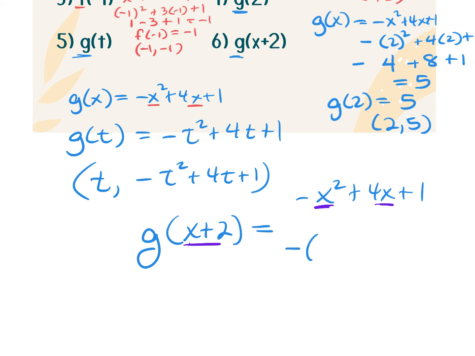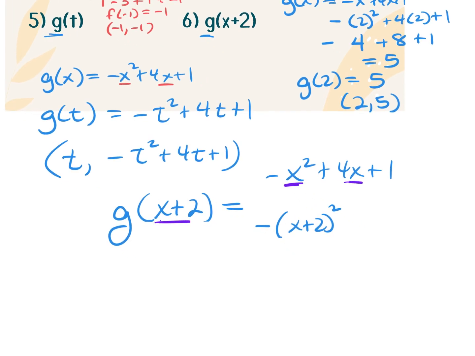So negative, and then x plus 2 squared plus 4 times x plus 2 plus 1. I need to FOIL this guy. And then I've got to distribute the negative sign. You have to follow PEMDAS. Do not distribute the negative sign first. That's not what order of operations tells you. You could think of this as a negative 1 that you're going to multiply later. So let me distribute or FOIL first.